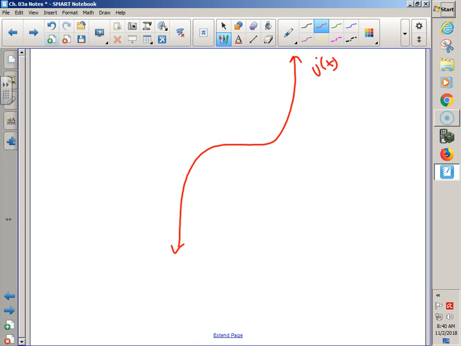Does J, which is looking like a cubic function or a tangent function, either one, does J have a horizontal tangent? Does he flatten off anywhere? Doesn't he? J prime of 0. Oh, he must be a min or max. Is he a min or a max?